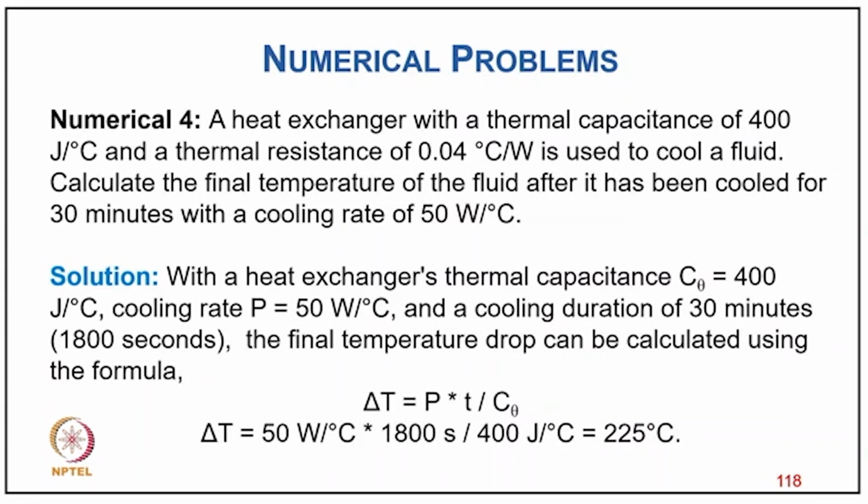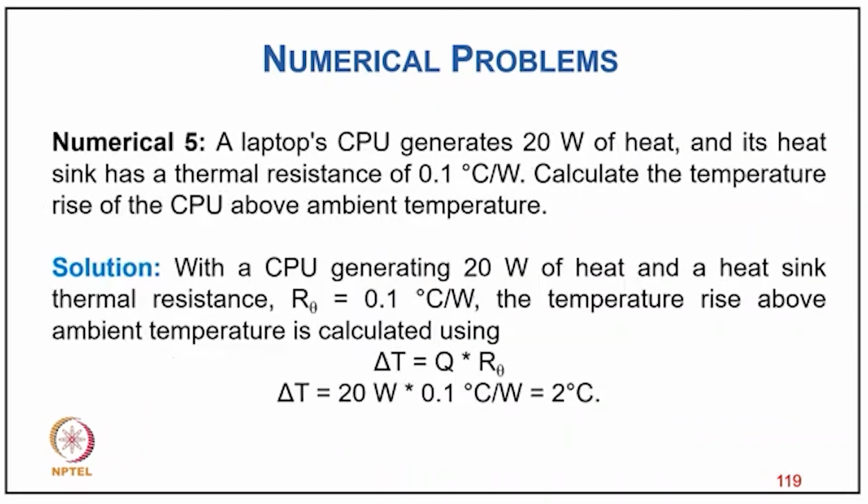Solution: the heat exchanger thermal capacitance C equal to 400 joules per Celsius, cooling rate P equal to 50 watt per Celsius, and cooling duration of 30 minutes, that is 1800 seconds. The final temperature drop can be calculated using the formula delta T equal to P into t upon C, and putting in the values it comes to 25 degrees Celsius.